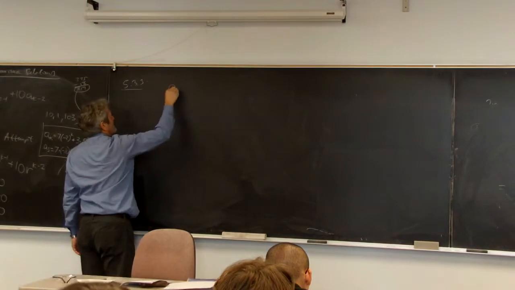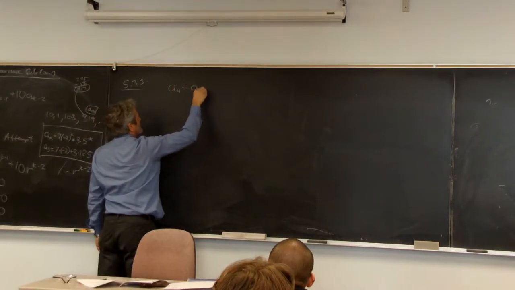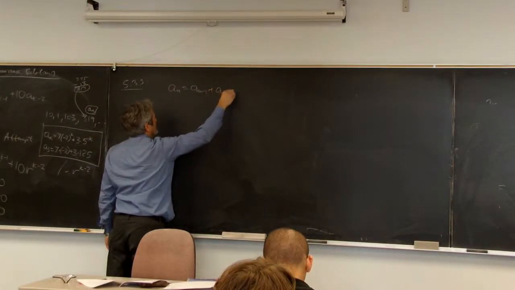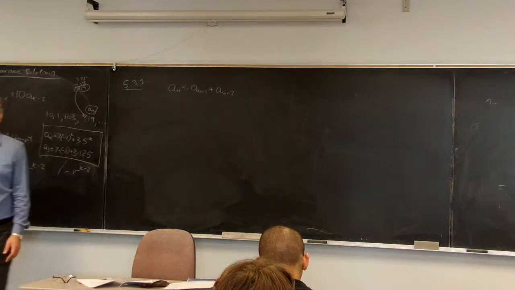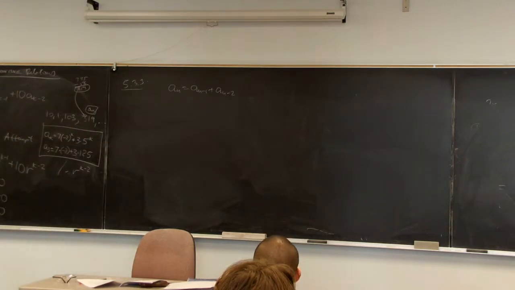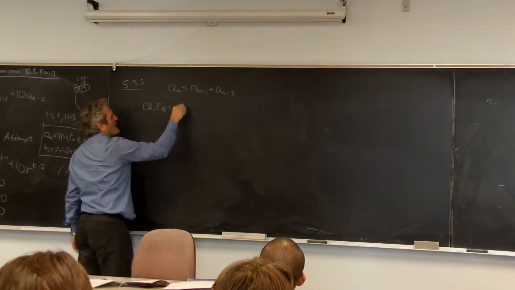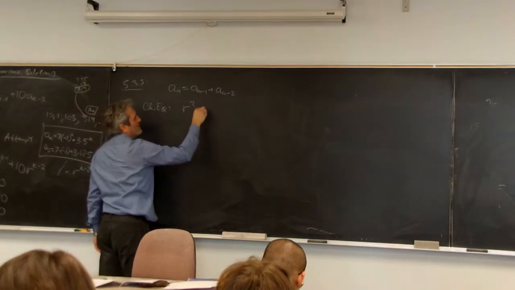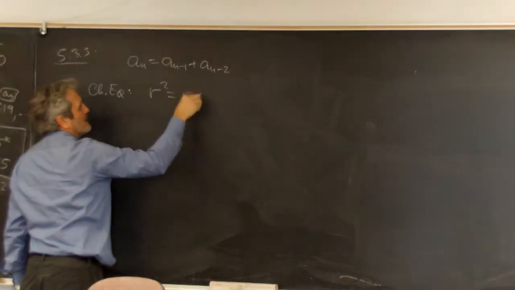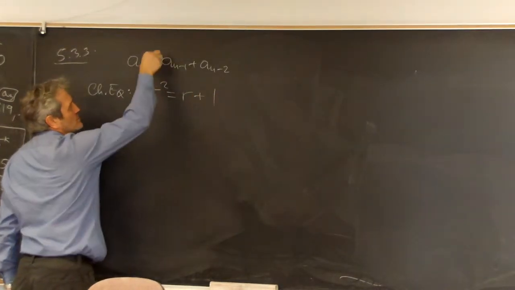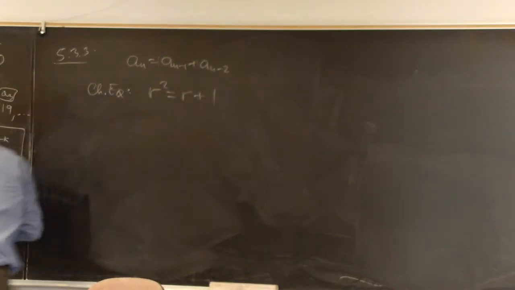We have a_n equals a_{n-1} plus a_{n-2}. Now I'm not going to do r to the n because I did it the first time, so if you see what's going on, I just immediately write the quadratic equation. That's the characteristic equation. So what is the equation? r squared equals r plus 1. Those coefficients are the coefficients of the quadratic equation.